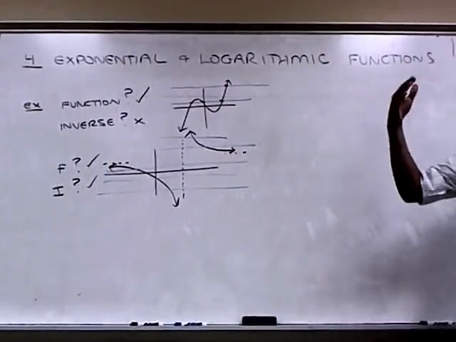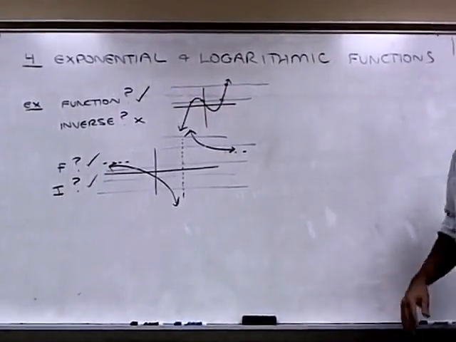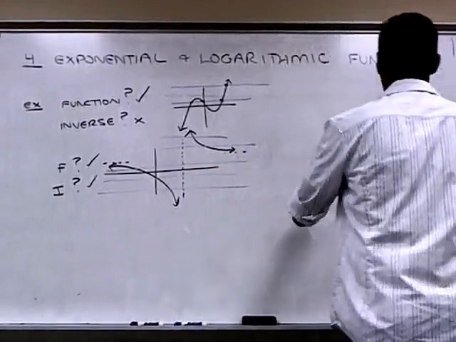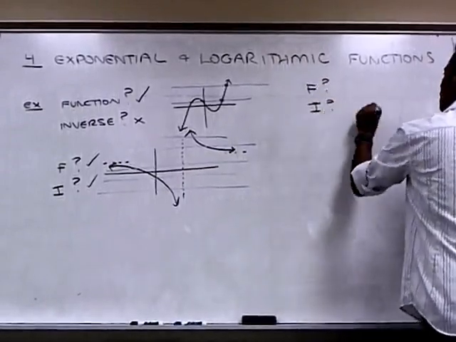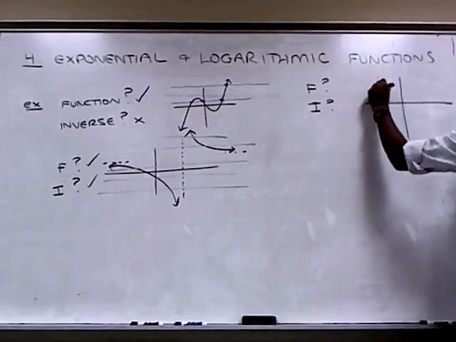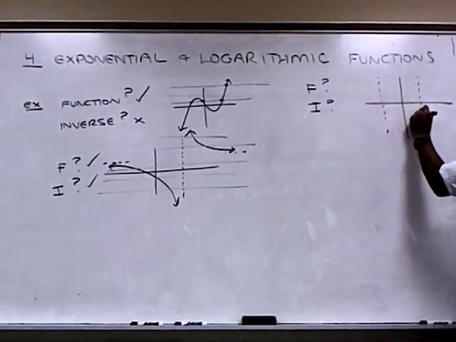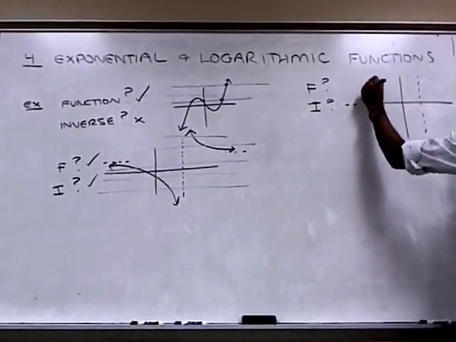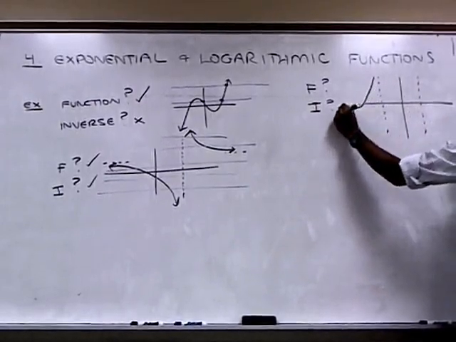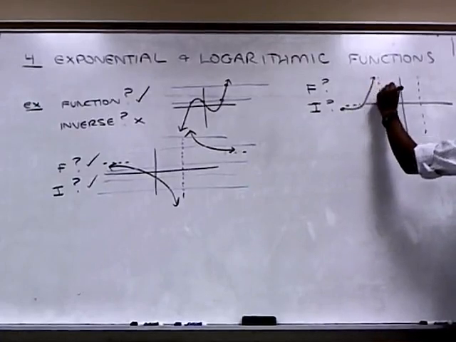You think of one that you drew before that you would have it fail? Well, let me give you an example right here. Function, yes or no? Inverse, yes or no? How about this one? Something like what was on the test. There was one that went like this, and it came back like that, and then it went up here.